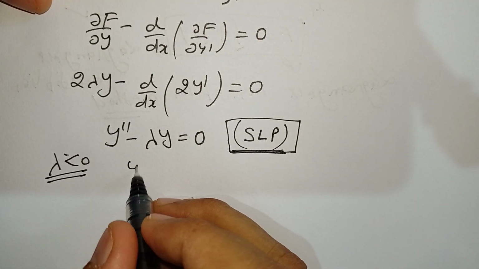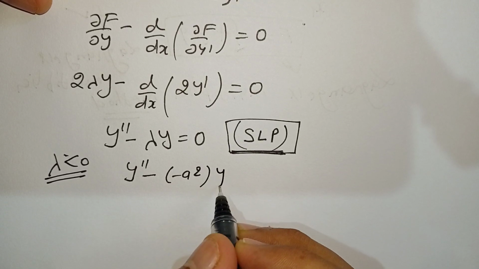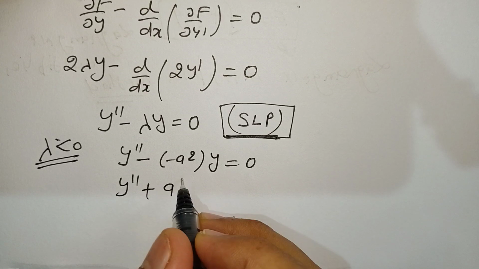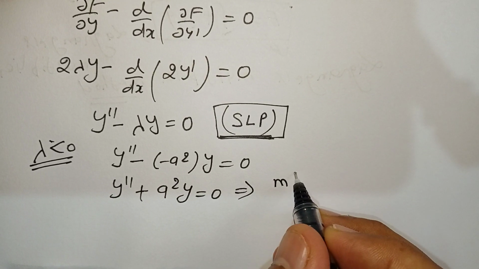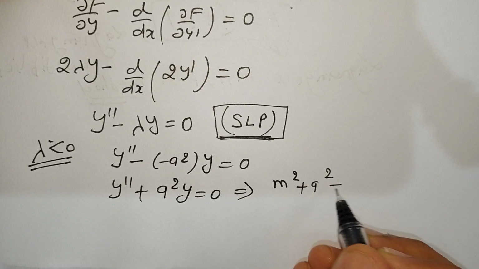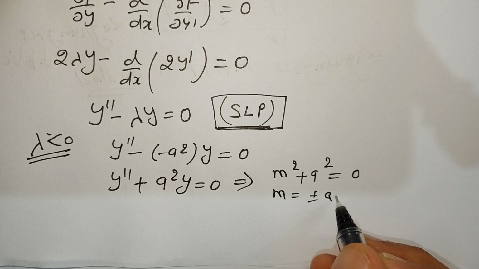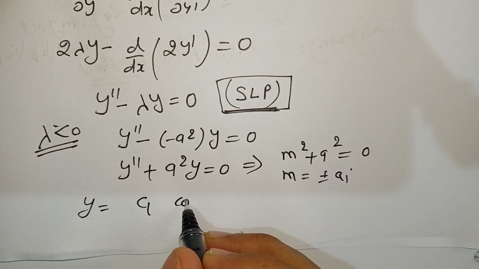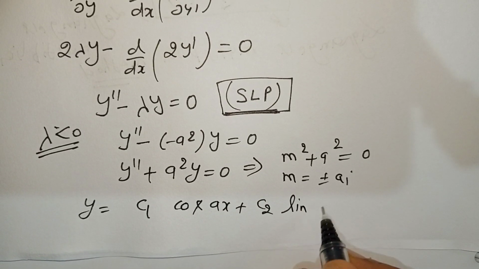So we get the equation y double dash plus a square y equal to 0, which implies m square plus a square equal to 0. So m equal to plus minus ai. So your y equal to c1 cos ax plus c2 sin ax.